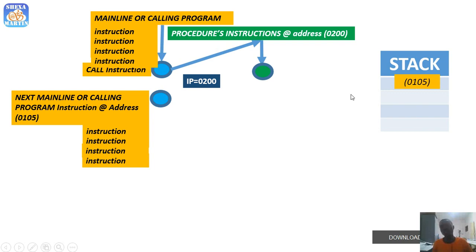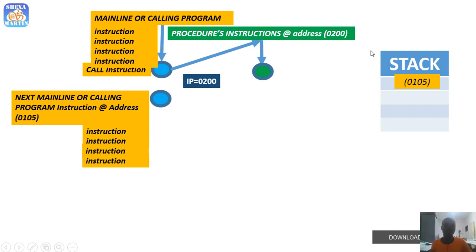Then what happens? This procedure also calls another procedure. When we execute the call instruction here, it moves the address of the next instruction to be executed in this procedure onto the stack, and then IP takes the address of the next instruction to be executed in the second procedure that is called.